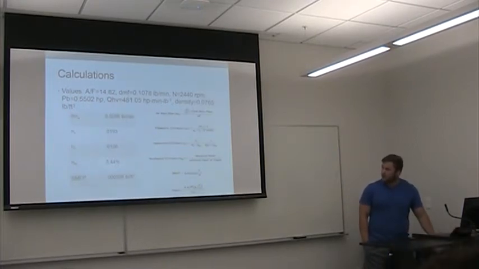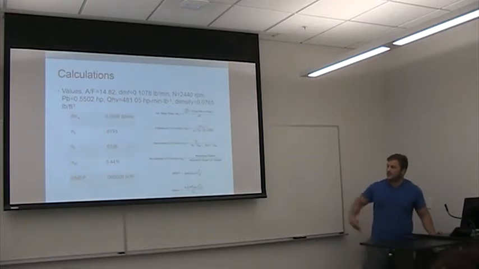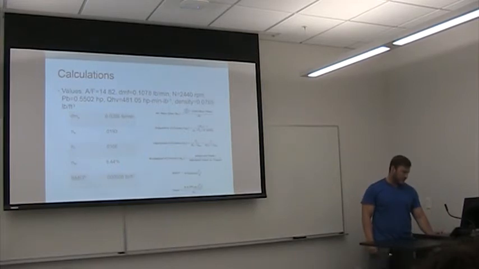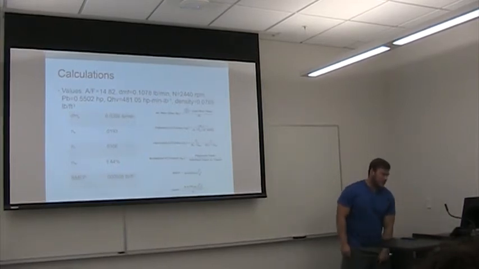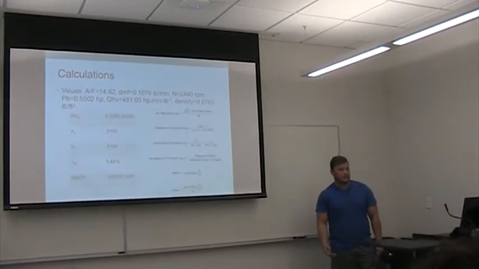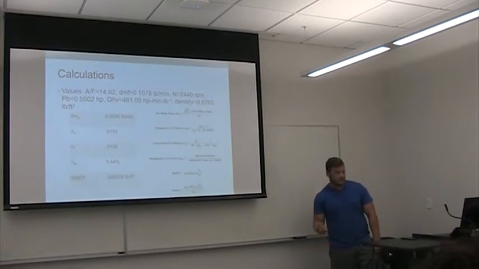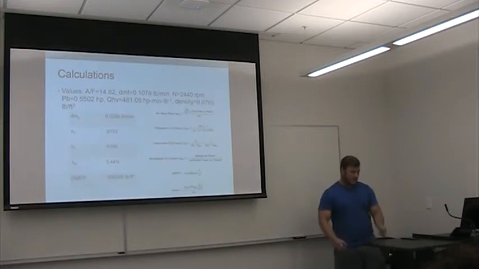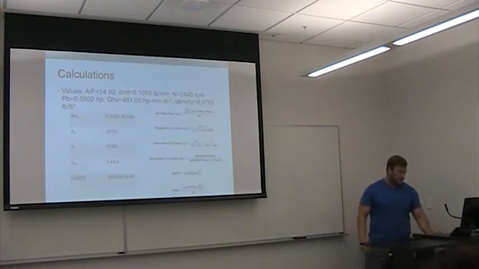And then from there, went to the volumetric efficiency, fuel conversion, just kind of went down the calculations. And the BMEP, that is kind of a theoretical value. It's the theoretical pressure to push the cylinder down to produce the indicated power.